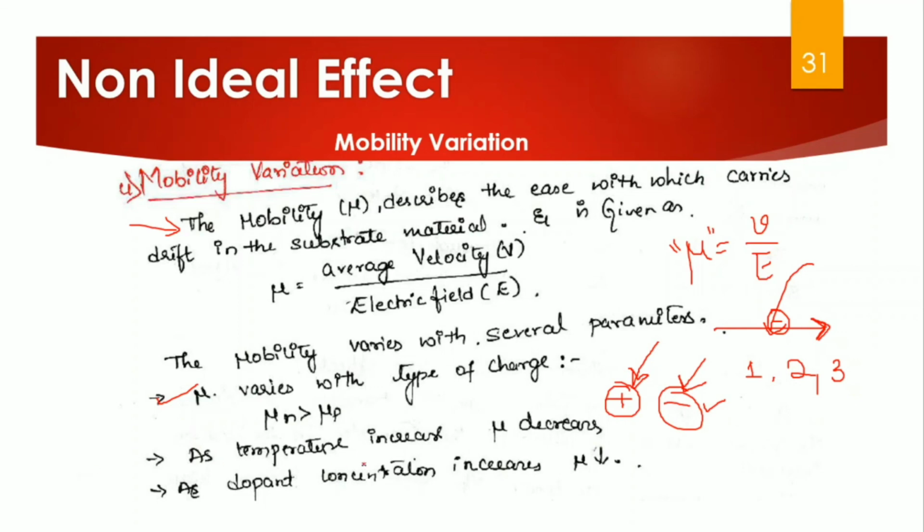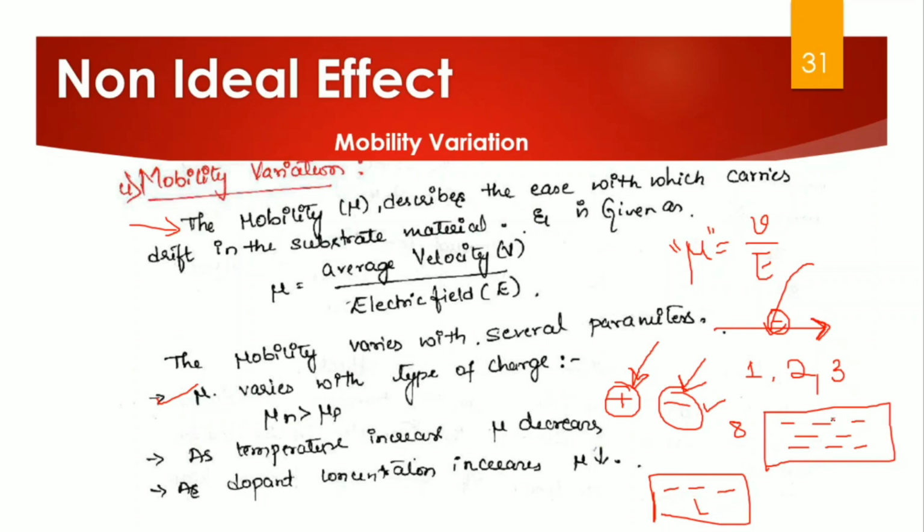Next is temperature. Let me consider a piece of material in which I have 3 electrons that can randomly move here and there. As the temperature increases, there will be a few more electrons, so 3 became 8 electrons. If I have 3 electrons here, the ease would be more, as they can easily move here and there.